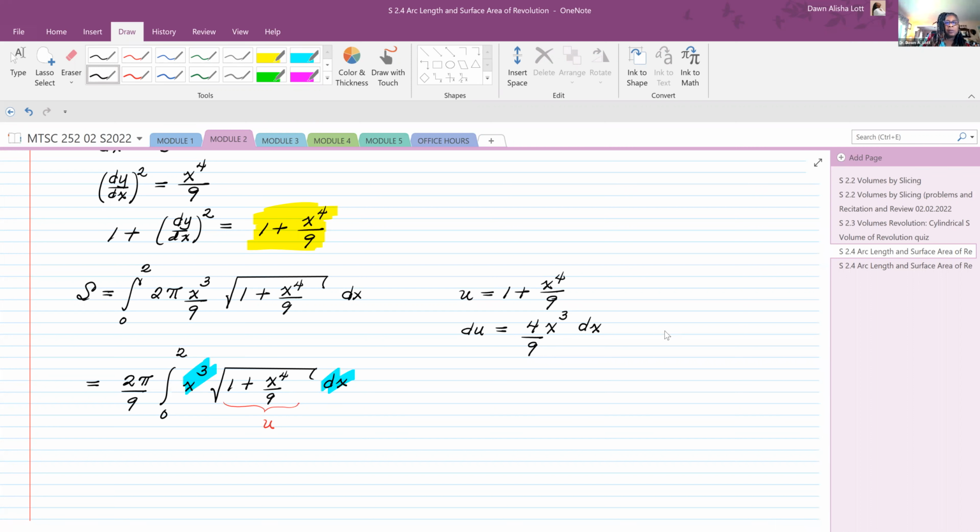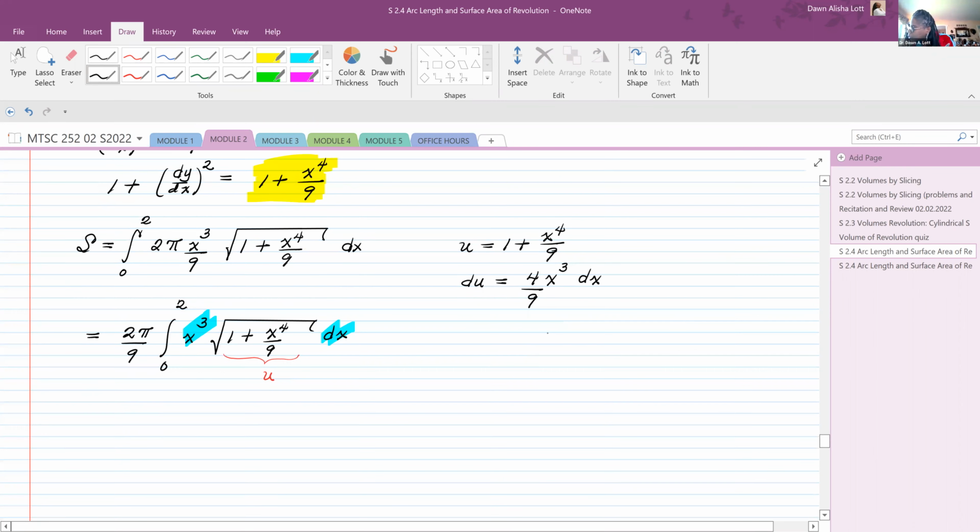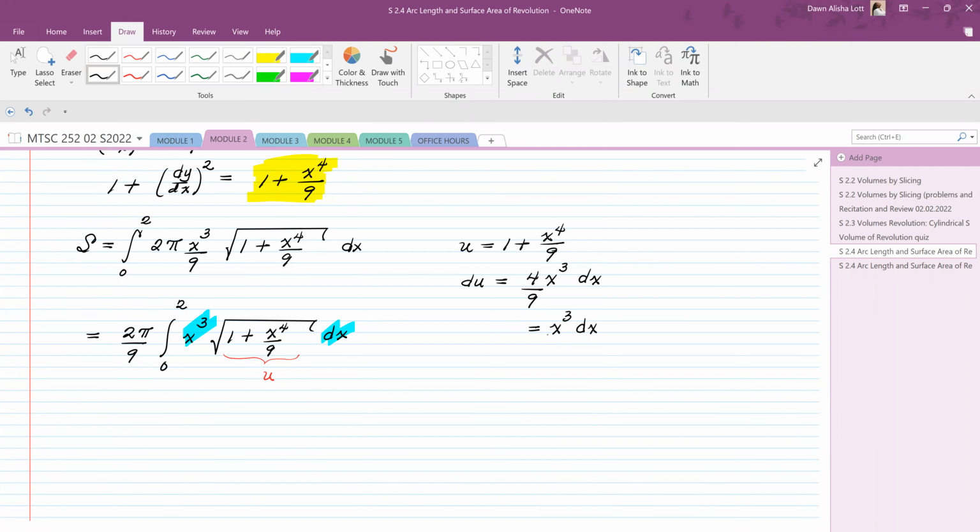What do you get when you solve for x cubed dx? Wouldn't it just be 4x cubed over 9?